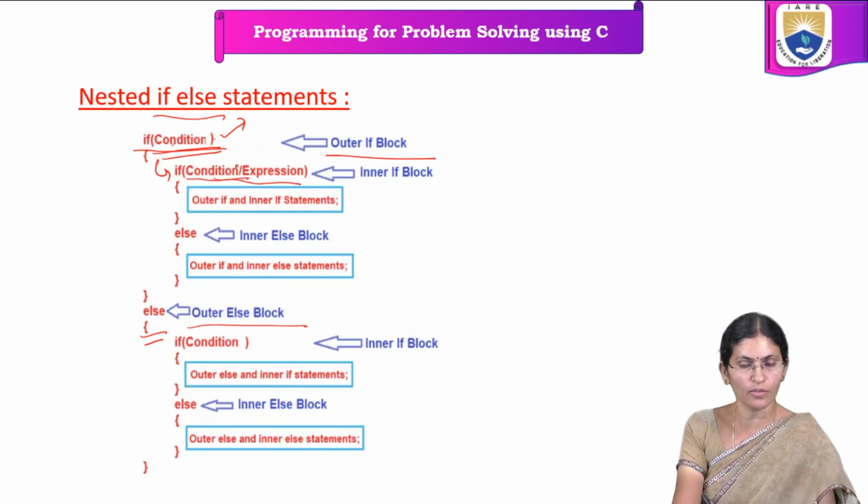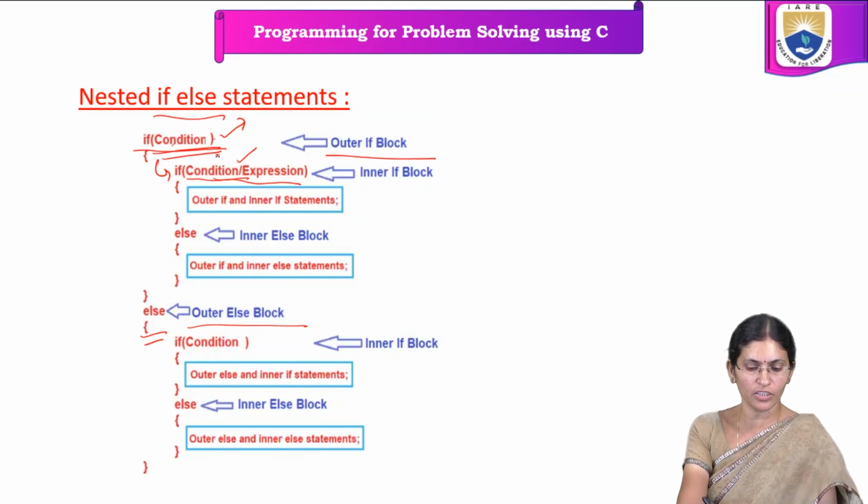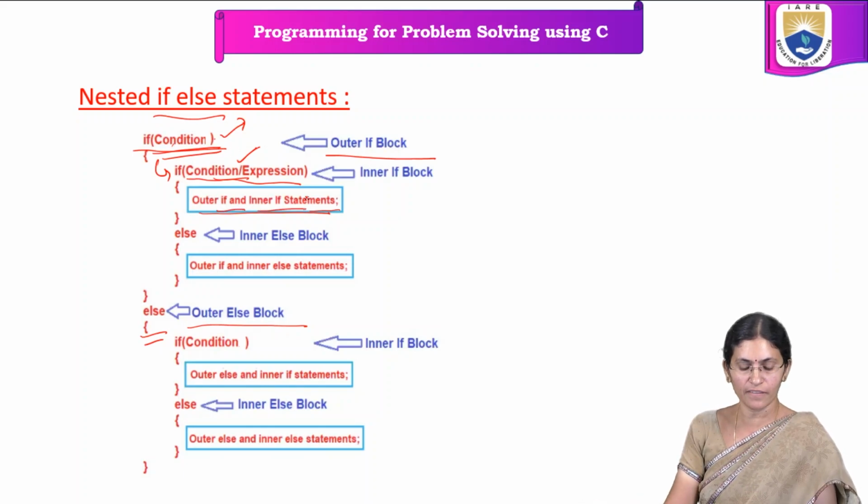If this condition is also true, we know the outcome of this condition is either true or false. If it is true, then these statements are executed. That means the outer if and inner if statements are executed.